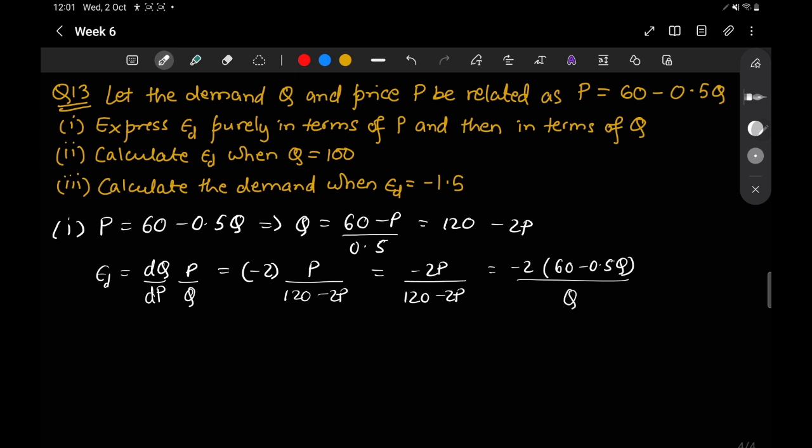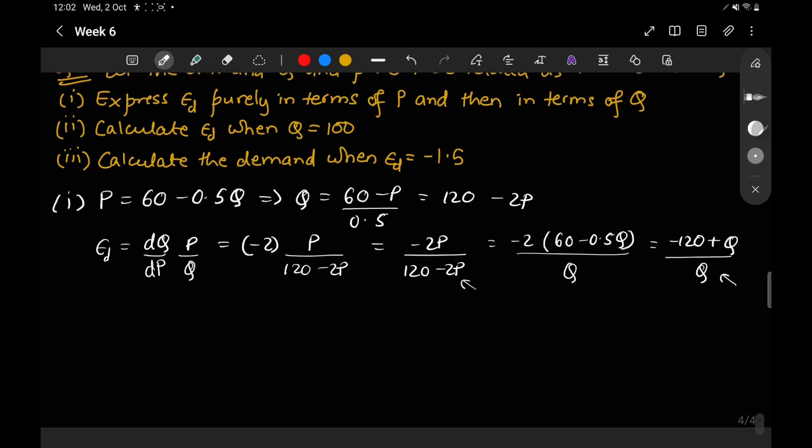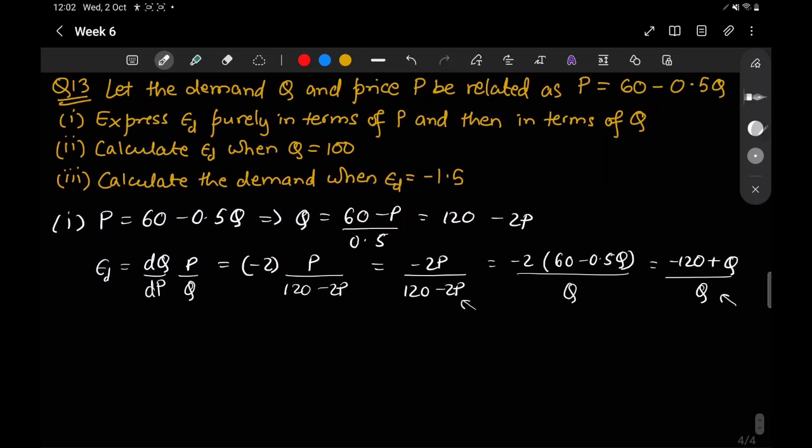This is another way of writing. So minus 2P over Q. So this is P and then this is Q. So this becomes minus 120 plus Q over Q. So you can write it in terms of P or in terms of Q. Now for the next part, epsilon D when Q equals 100 is the following.